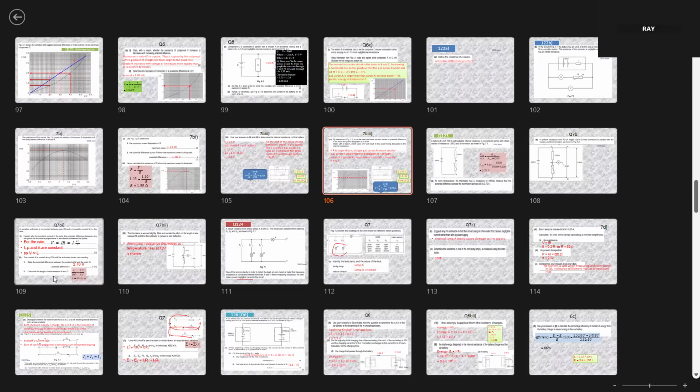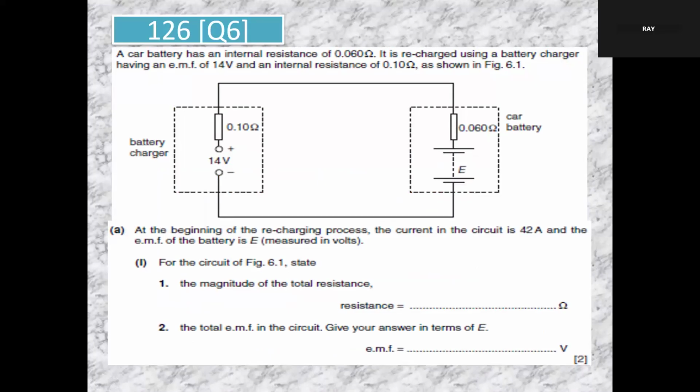Okay, let's try something else. Let's try this one, number 21 to 26, shown in the diagram there. He's charging a battery. The current in the circuit is 42 ampere, and the EMF of the battery is E, measured in volts.